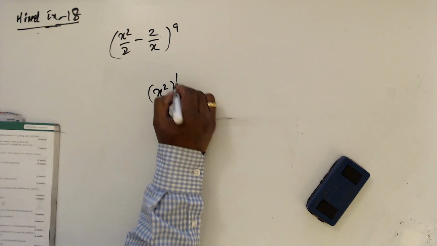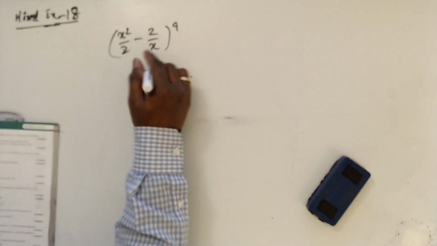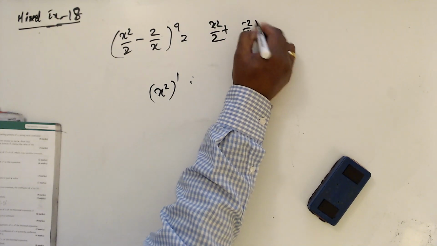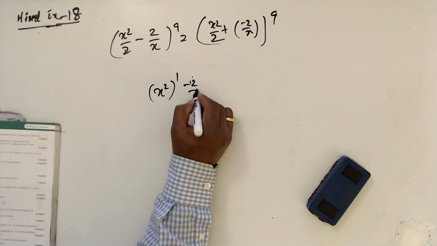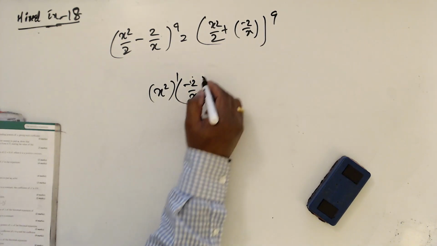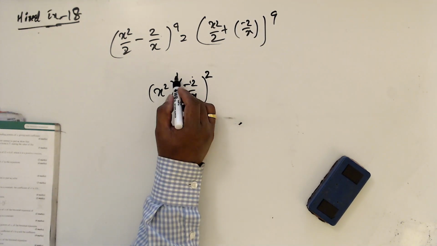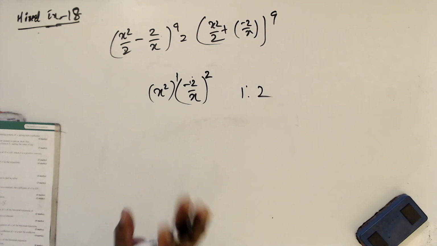I'll rewrite this one: (x square over 2 minus 2 over x) to the power 9. And then minus 2 over x, if you take power 1, as I said, this is not going to cancel out. This has to be 2. Then it cancels out. So in that case, this is the ratio we need: 1 to 2 ratio to cancel out.